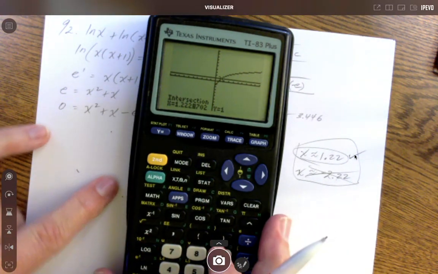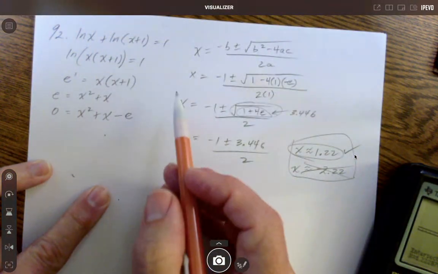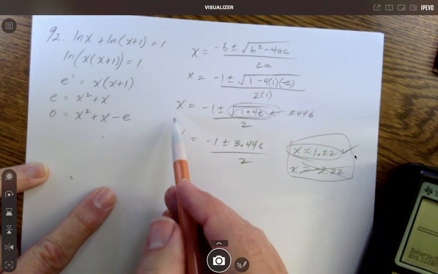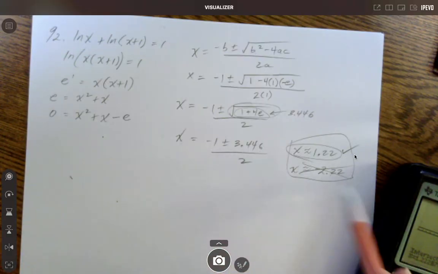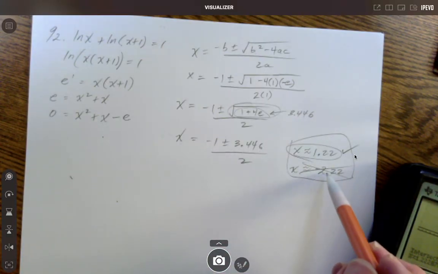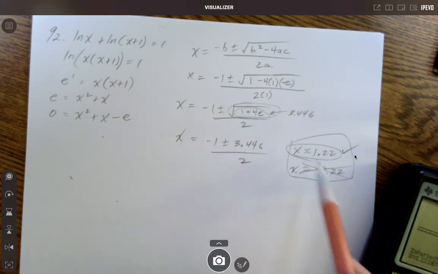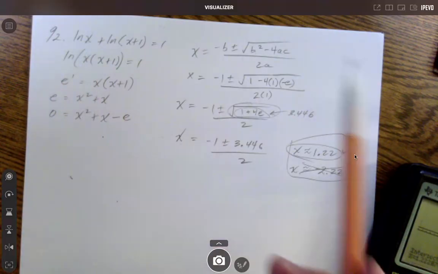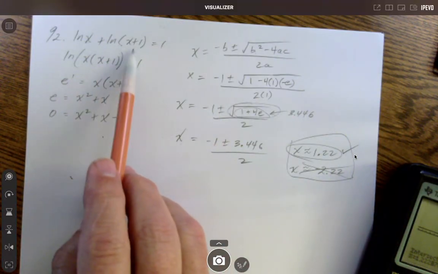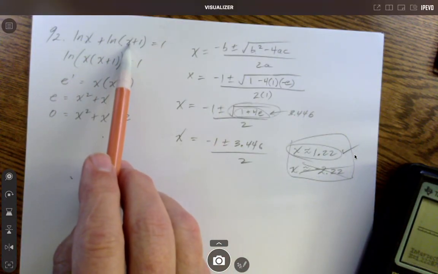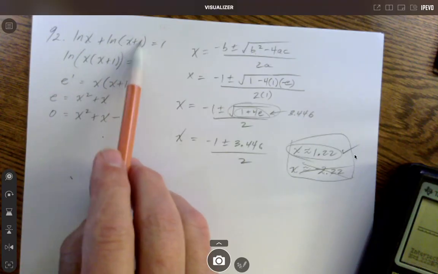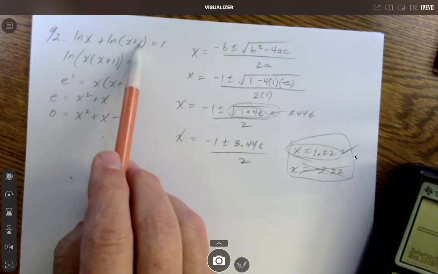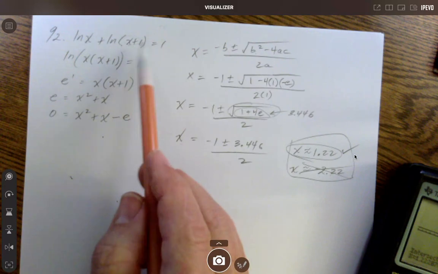All right, so whenever you end up with a quadratic situation, it's possible that both of your answers could work. Just because you get a negative answer here doesn't mean it's going to end up being a negative in here, right? Like if I had gotten a negative 0.8, that wouldn't make this argument negative because negative 0.8 plus 1 would give me a positive number.